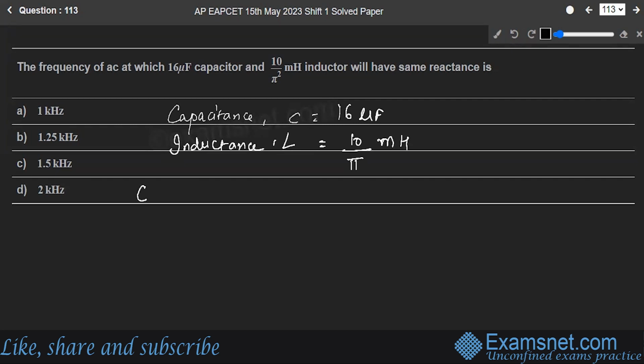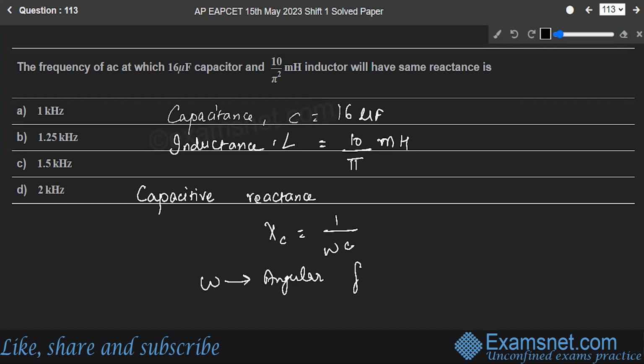And the capacitive reactance is given by Xc is equal to 1 upon omega C, where omega is your angular frequency.